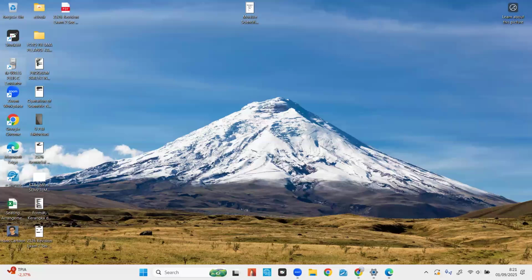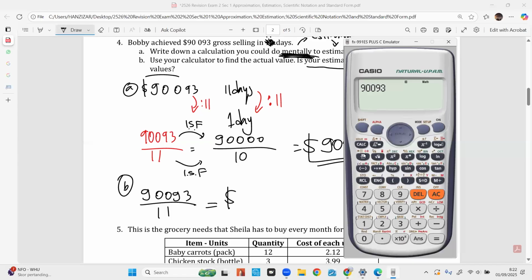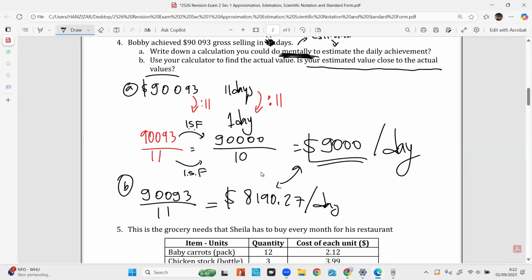Hopefully you can see all the screen share that I do. 90,093, you divide by 11 and you do the SD, click, 8,190.27. Is it near? Yes, near. Even if you round to the nearest 1,000, you still get 8,000 and 9,000, right? But still near.